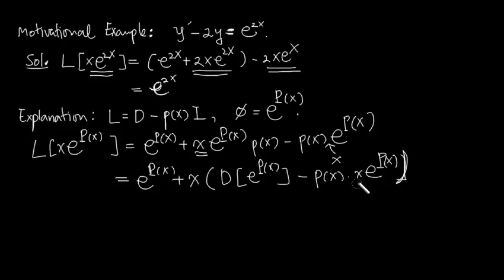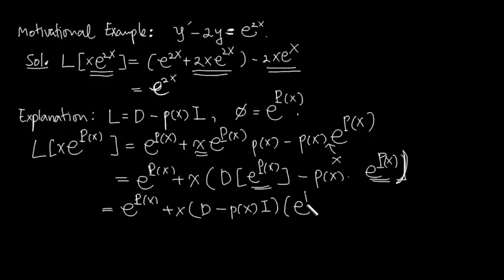This x is factored out, so we have only this part in here. So we can rewrite e to the P(x) in there, and plus x times, if you look at here, the argument for both operators is e to the P(x), so we can write it as D minus p(x) I of e to the P(x) as an operator. Because that was the kernel of that part, it is obviously 0.